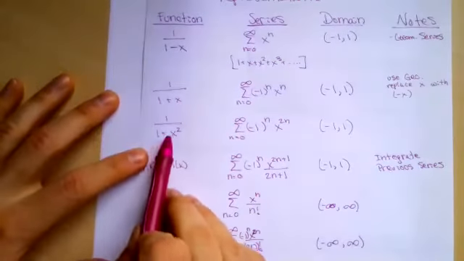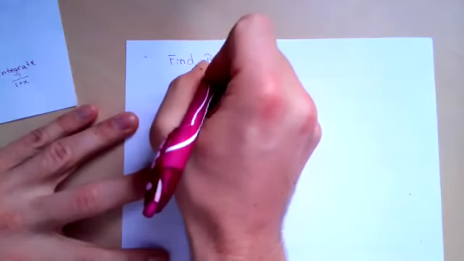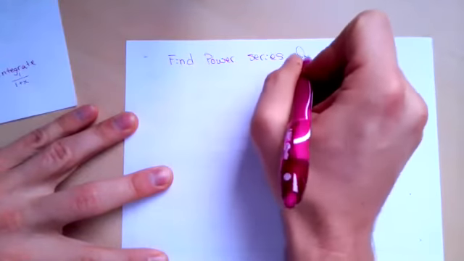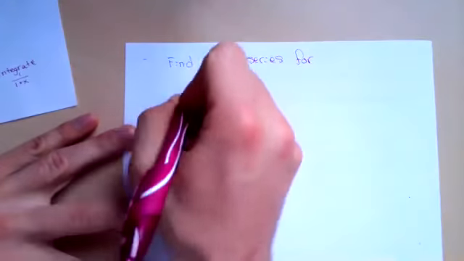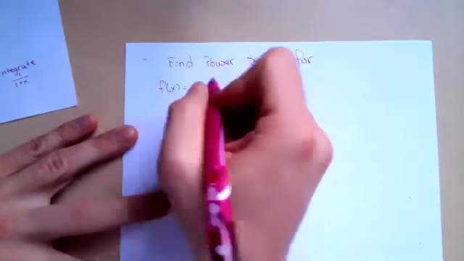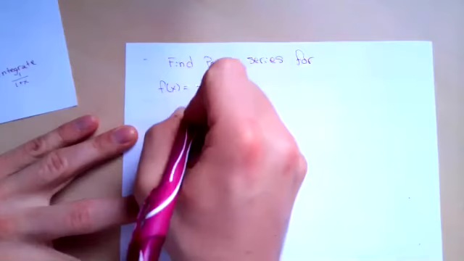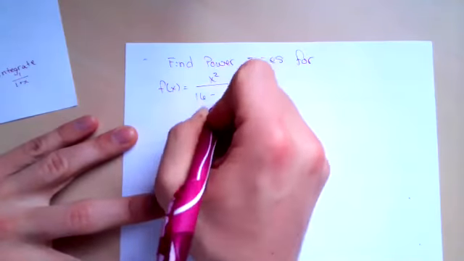Let's do one with one of these guys. So let's see, find the power series for, let's do something like f of x is equal to, say, x squared over, let's say 16 minus x to the 4th.